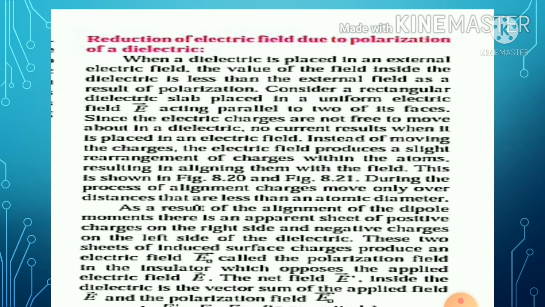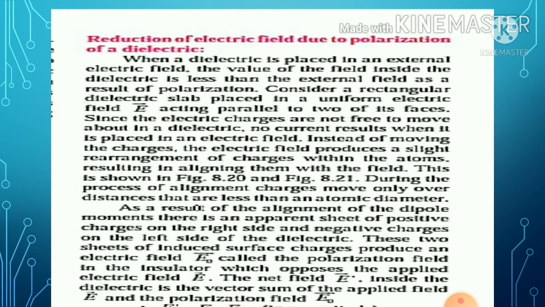During the process of alignment, charges move only over distances that are less than the atomic diameter.